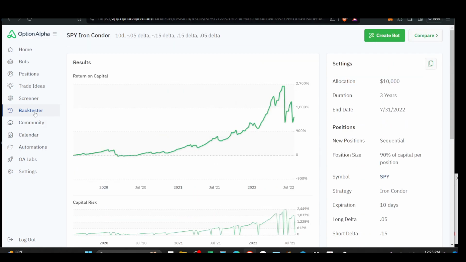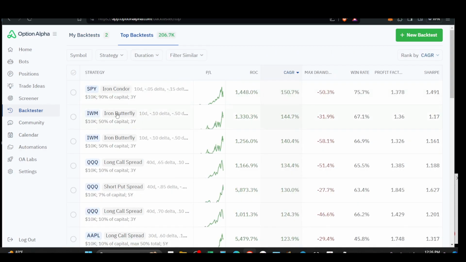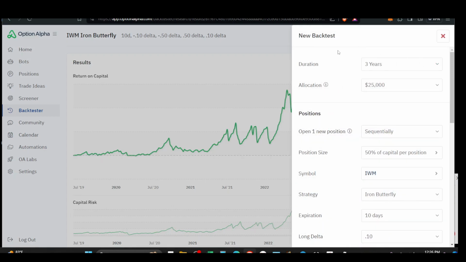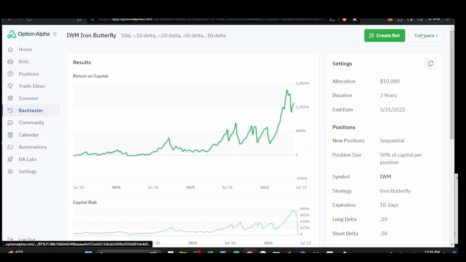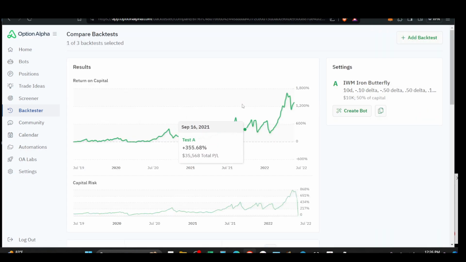Amazing. I still didn't get to check these. So you can actually copy, like IWM Butterfly. This one is also good, so you can simply copy it. You can compare it with others. You can see it's amazing. And they have existed for so many years, and I didn't even notice. But a good thing is everything comes at the right time.